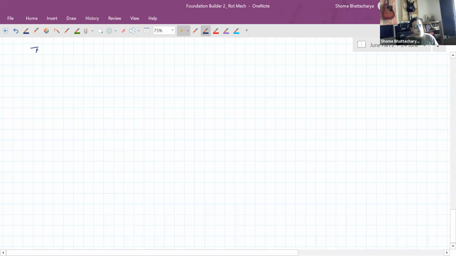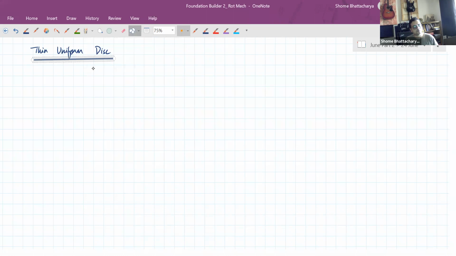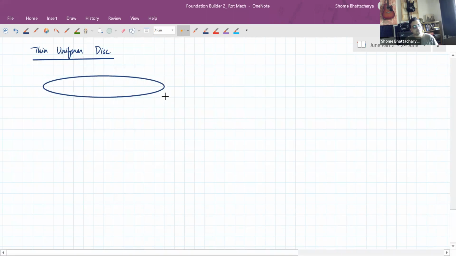A thin uniform disk of mass m and radius r. Now we will take the axis as the axis passing through the center.